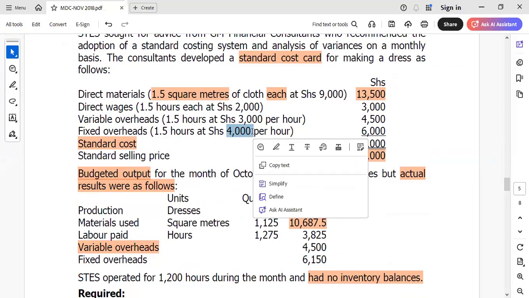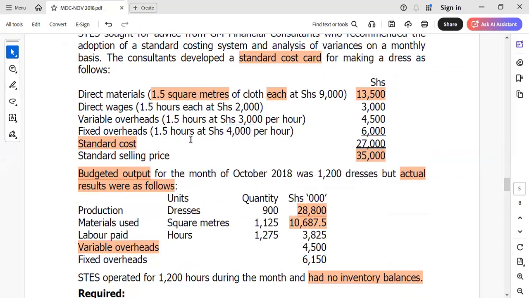That one will take time. For fixed overheads, rely on the cost of the dress. What is the fixed cost on the dress? The budgeted fixed cost. Then fixed volume. The last one.